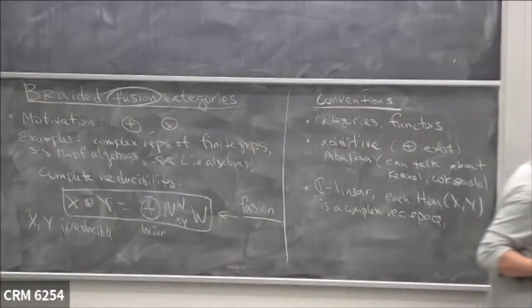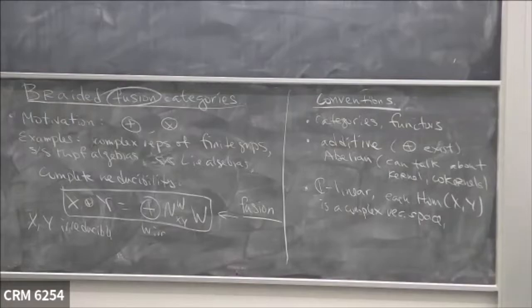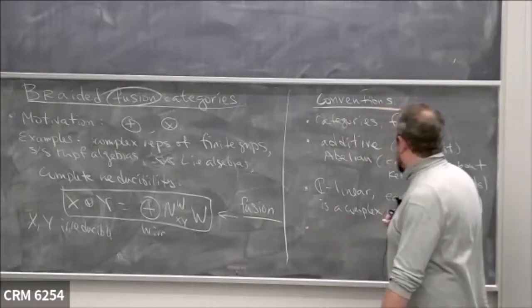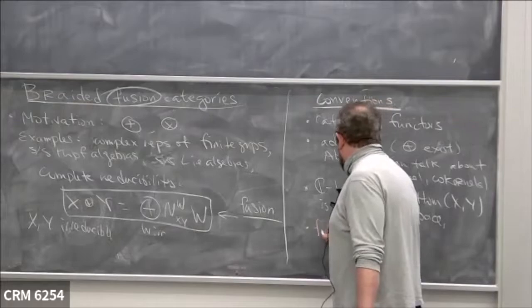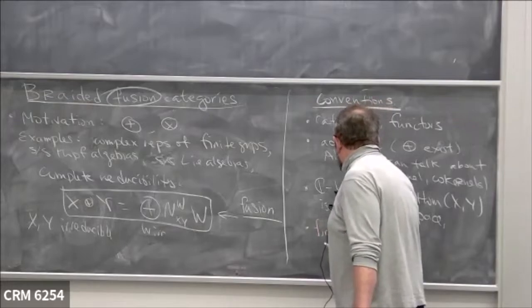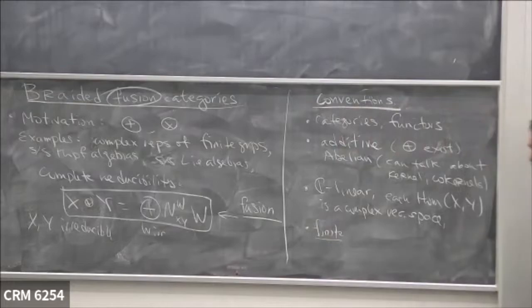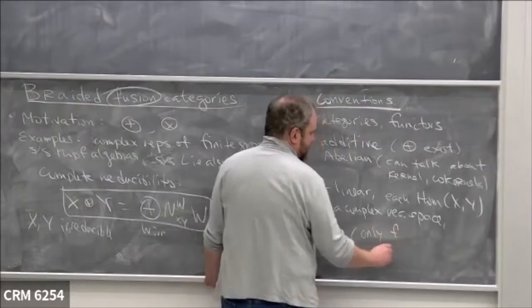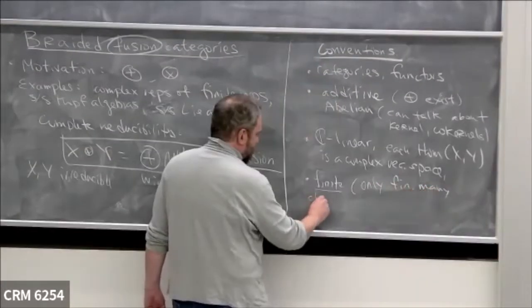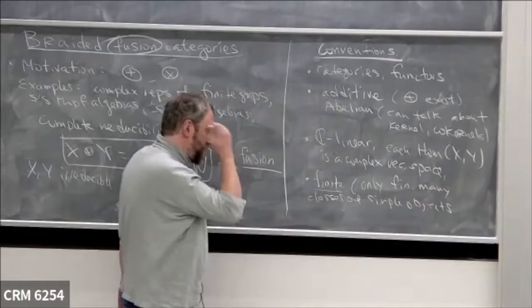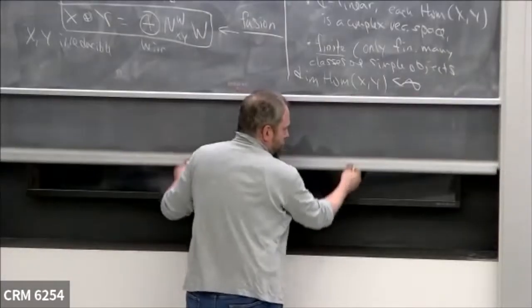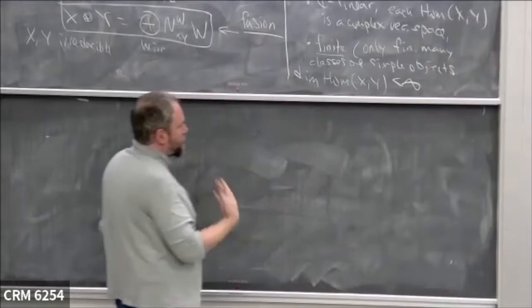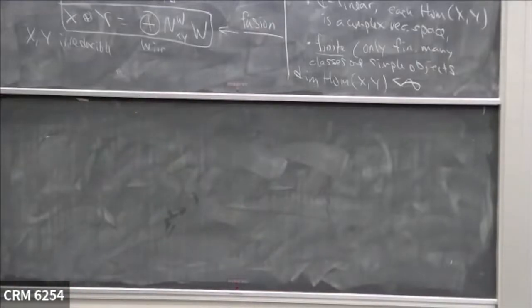Another property is that my categories will be finite. That's not, strictly speaking, absolutely necessary, but it will simplify things greatly. By finite, I mean that there are only finitely many classes of simple objects, and all Hom spaces are finite dimensional. To put these things in a proper perspective, you can always think about such categories in concrete algebraic terms.